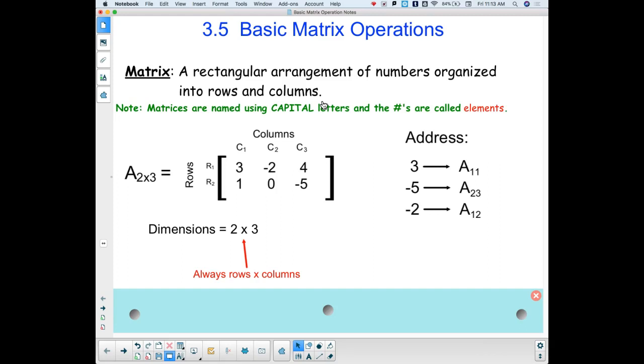It's in matrix A, and within matrix A, it's in row 2, column 3. And so on and so forth.